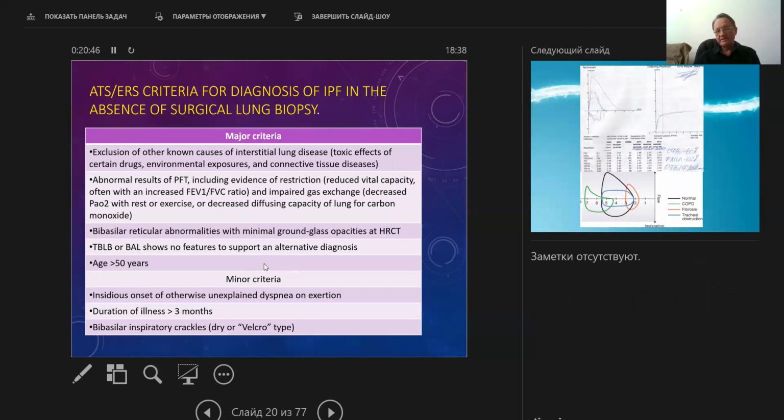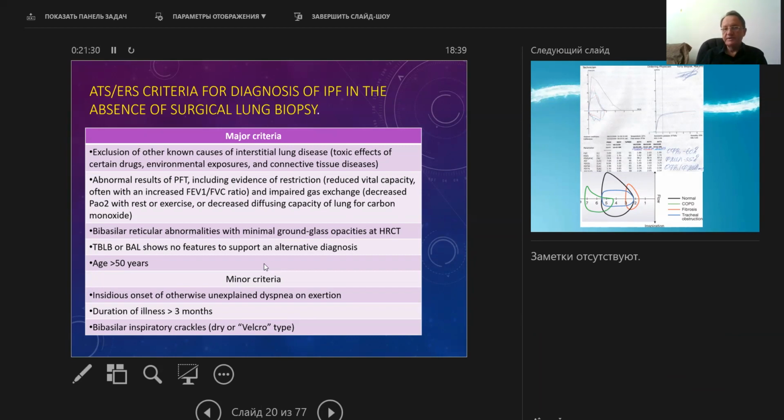The American Thoracic Society and European Respiratory Society propose criteria for diagnosis of IPF in the absence of surgical lung biopsy. First of all, exclusion of other known causes of interstitial lung disease, toxic effects, consumption of some kinds of drugs. I talked about amiodarone, and environmental exposure, connective tissue disease, abnormal results of spirometry tests, including evidence of restriction.